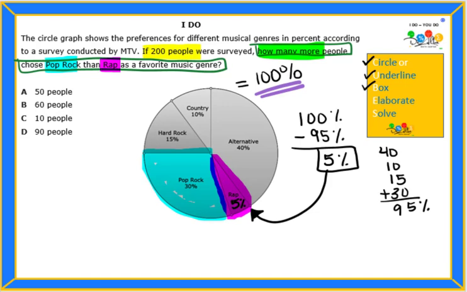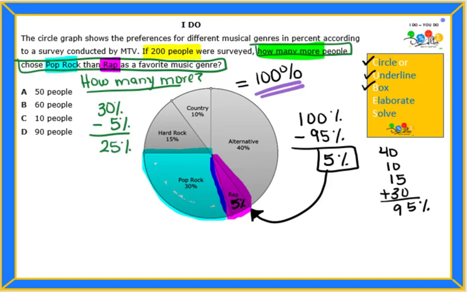So pop rock is 30%, and rap is 5%. So we're going to find the difference, and we find out that it is 25%.